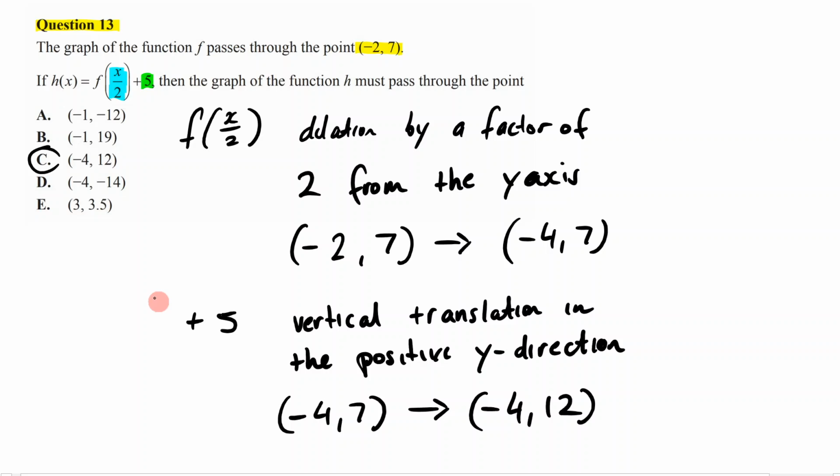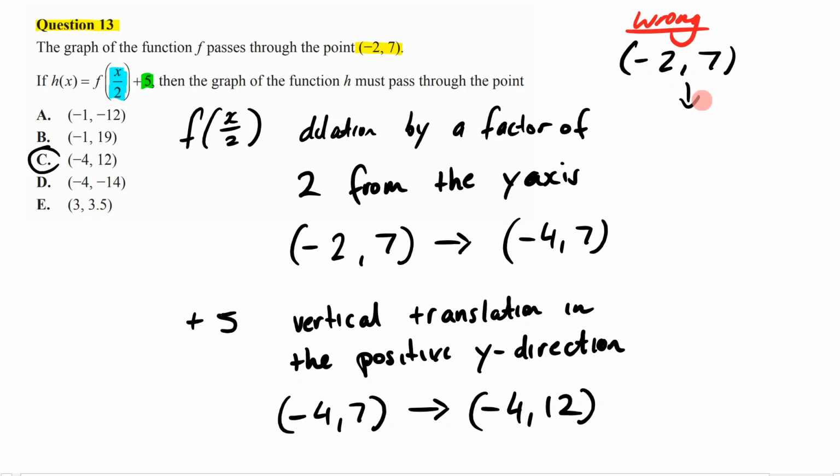Now, before we finish off this video, I want to talk about what I think the most common incorrect answer would be. What I'm about to do is wrong, but I think the most common way that people would have gotten this wrong is not realizing that this is a dilation by a factor of 2. Rather, many people would have thought this is a dilation of a half. So they would have taken our original point and multiplied the x-value by a half, which is -1, 7.